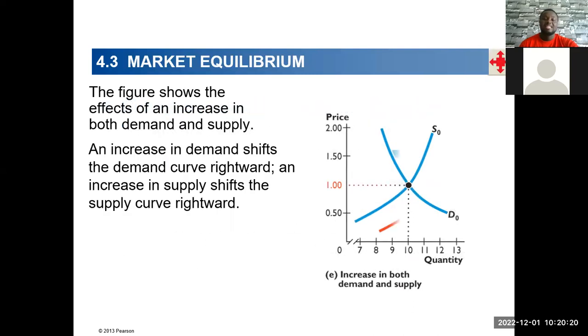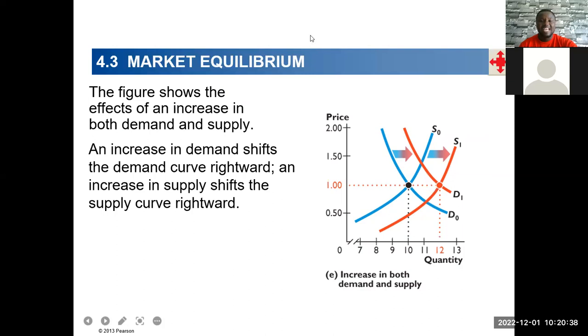Now, this first diagram is talking about both an increase in demand and an increase in supply. So here, the demand curve has shifted to the right, and the supply curve has also shifted to the right.